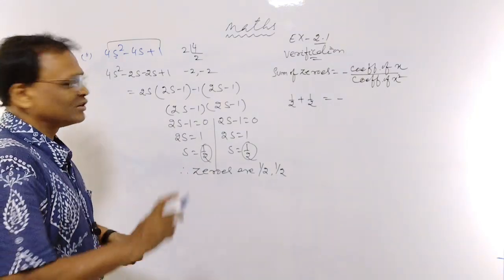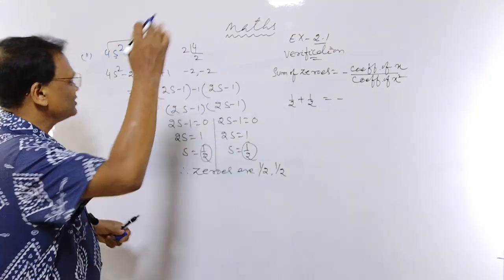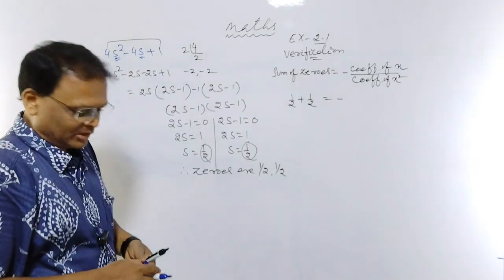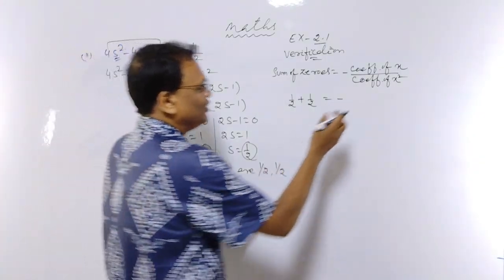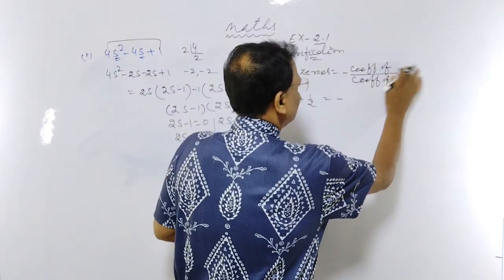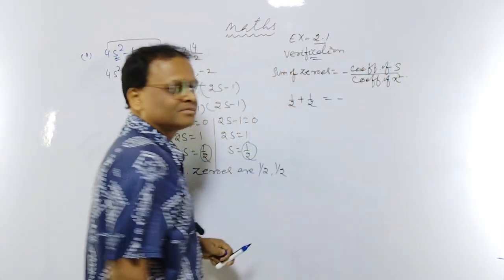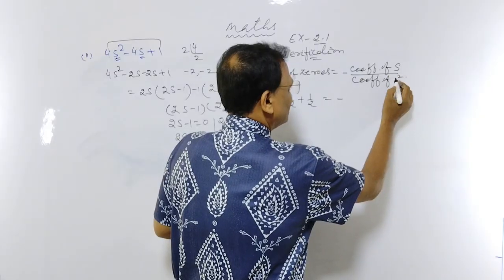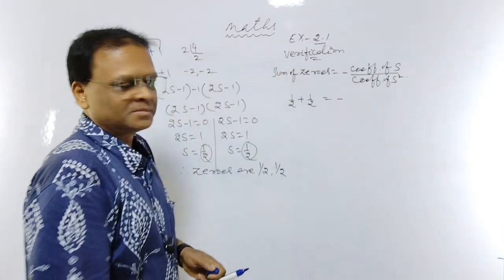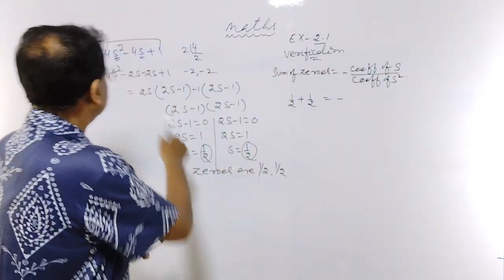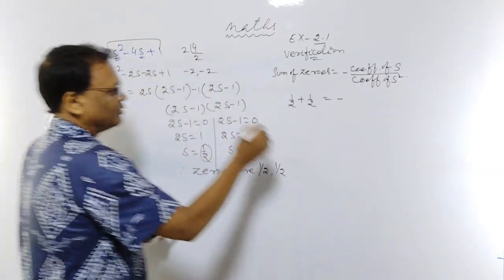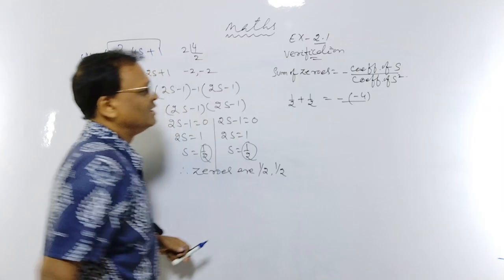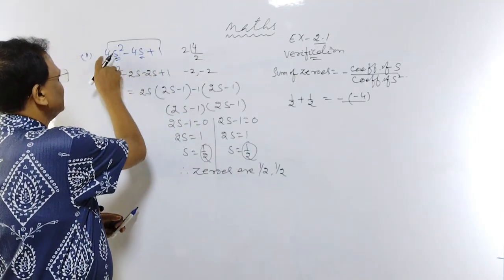Instead of x, he has given the alphabet s. Therefore, I have to change, not x. This is your s. And instead of x square, I have to write the coefficient of s square. Now tell me, what is the coefficient of s? Minus 4. Okay, minus 4 divided by the coefficient of s square, that is again 4.